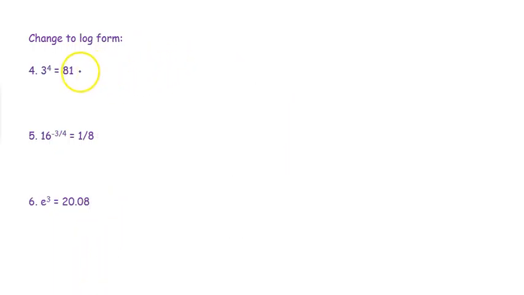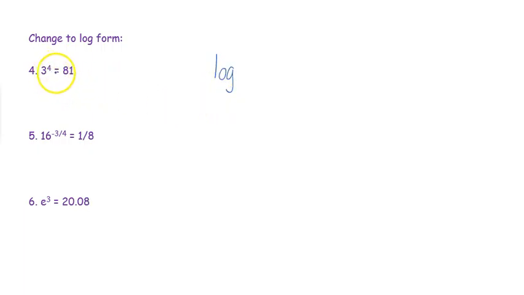Okay, you're also going to be able to go back the other way. So for the next 3 examples, I chose to go to log form. You're given exponential form. So you want to, first of all, look at the base. Since this is a number, 3, I know I'm going to be using a log, regular LOG.